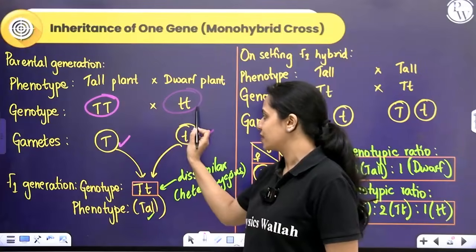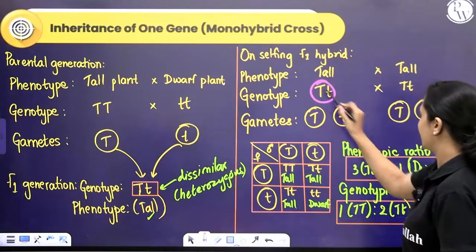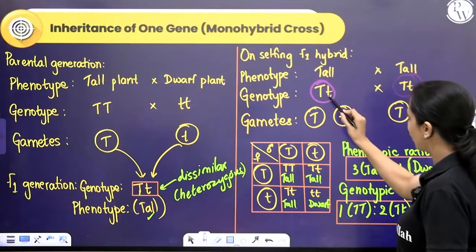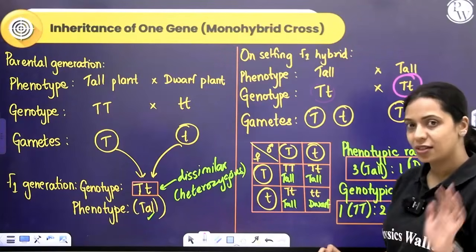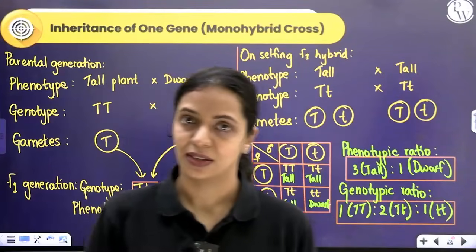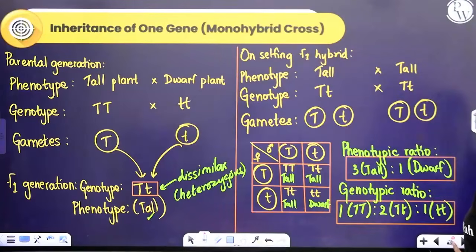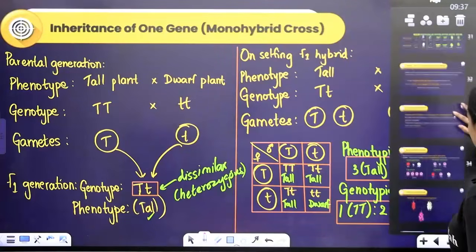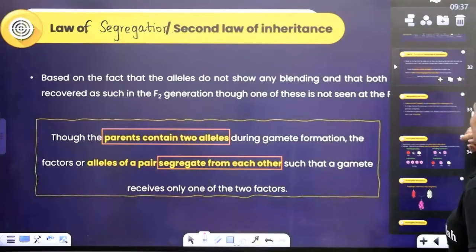In homozygous condition, you get only one type of allele. Whenever it is heterozygous, since there are 2 different types of alleles, one subset of the gametes will get capital T, one subset of the gametes will get lowercase t. So 2 different types of gametes can form. Alright, that's about the law of segregation.